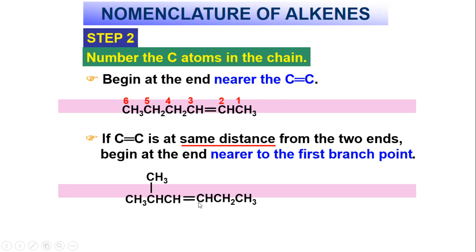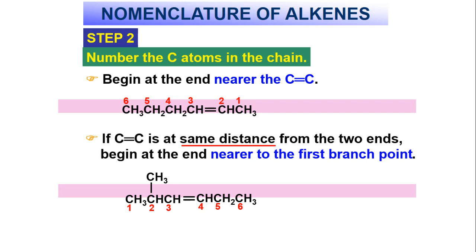If you look at this side, there is no branch, but on this side there is a branch. You can consider this one as a branch, which is a methyl group, or that one as a branch, but in this case I've used this one as the branch. So the naming will start from here: 1, 2, 3, 4, 5 and 6.